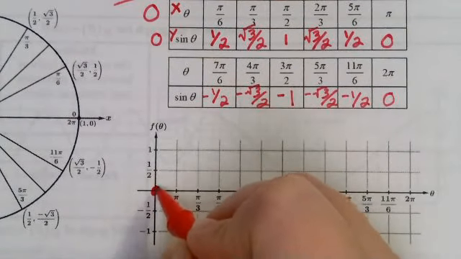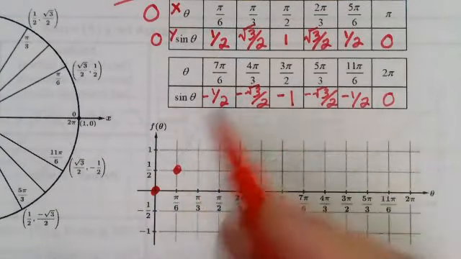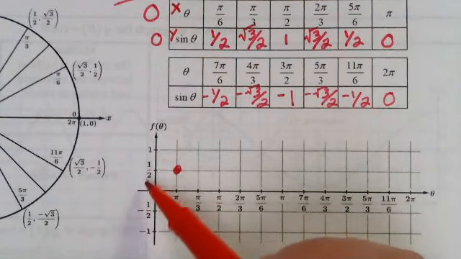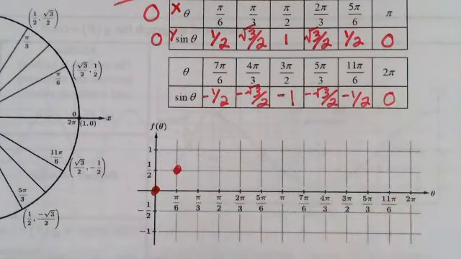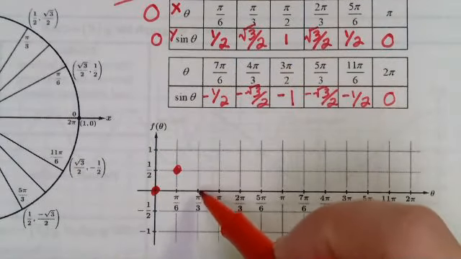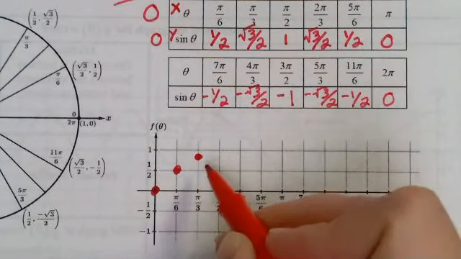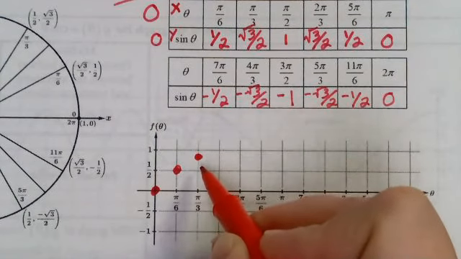So at 0, 0, that's our origin. Pi over 6, 1/2. Make sure that you are noticing how this is scaled on the y's as well, because 1/2, 1 is scaled by 1/2, right? All right, we got pi over 3 and root 3 over 2. Now, if you were to plug that in a calculator, you'd get a decimal value about in here. So I'm just going to plot that.